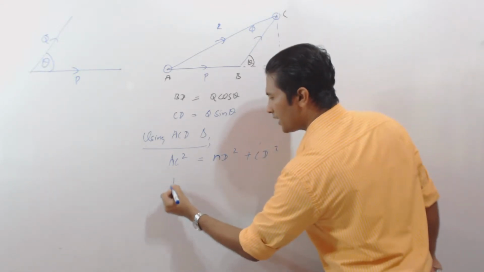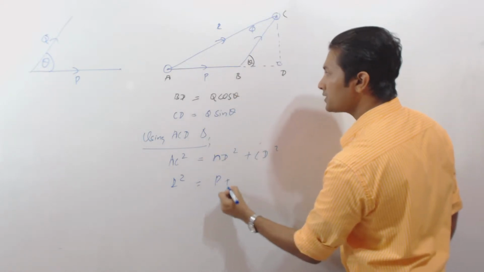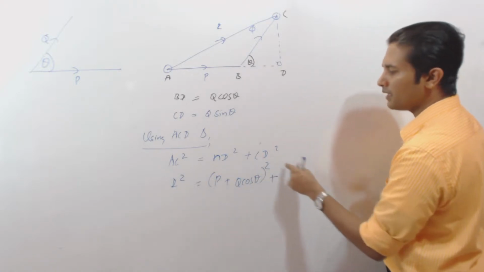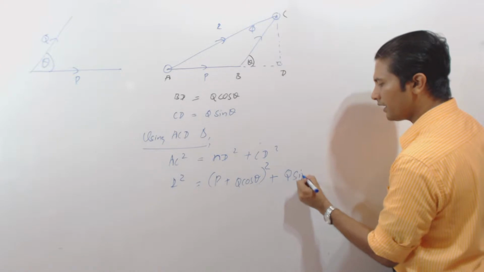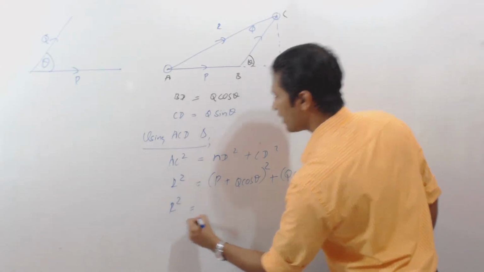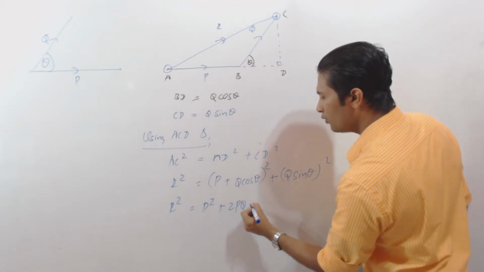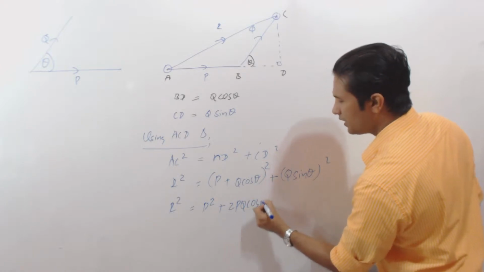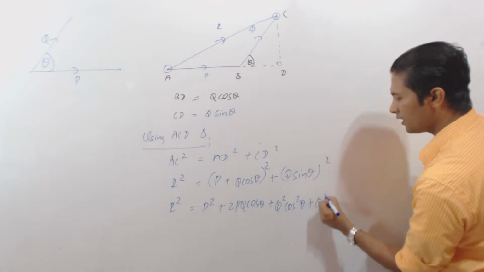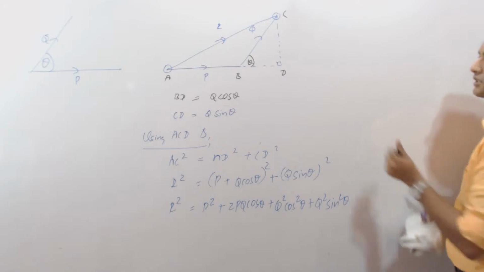AC is capital R, AD is P plus Q cos theta, take the square of that as well. Then CD is Q sin theta, take the square. Then R square equals P square plus 2PQ cos theta plus Q square cos square theta, plus Q square sin square theta.